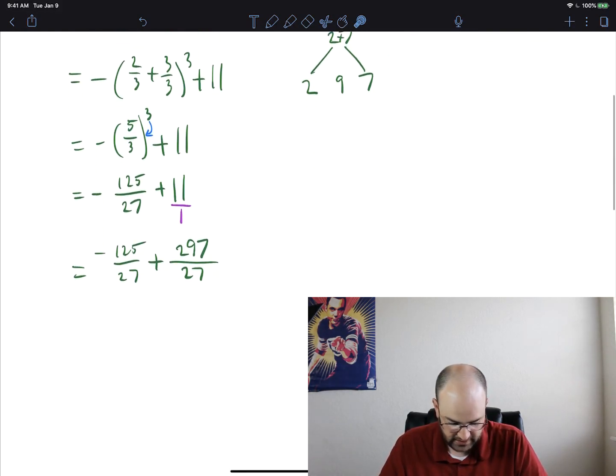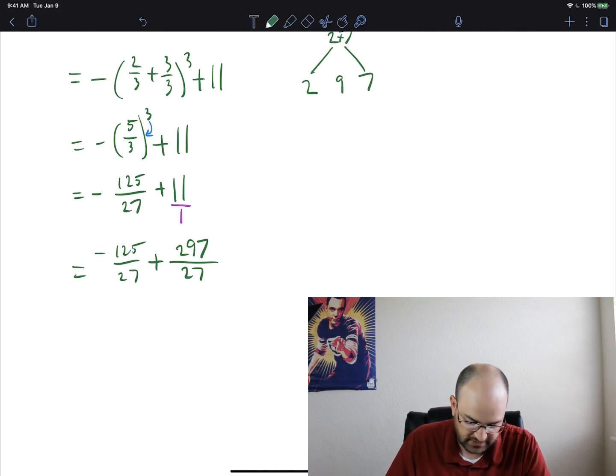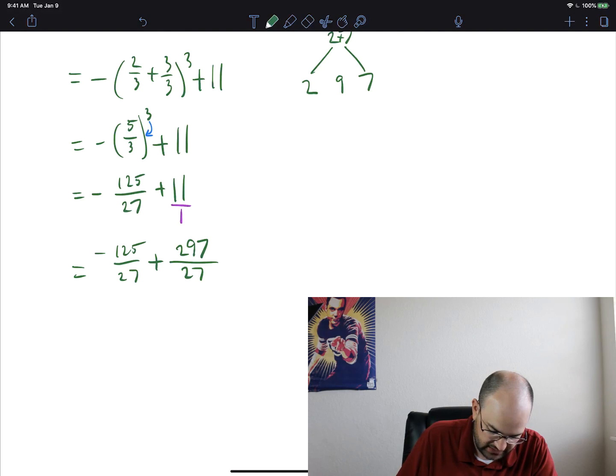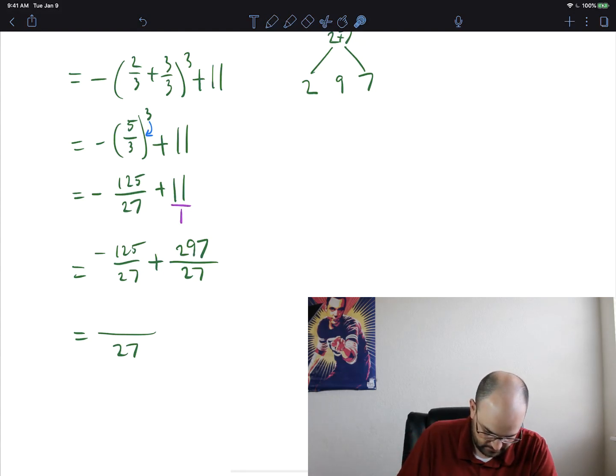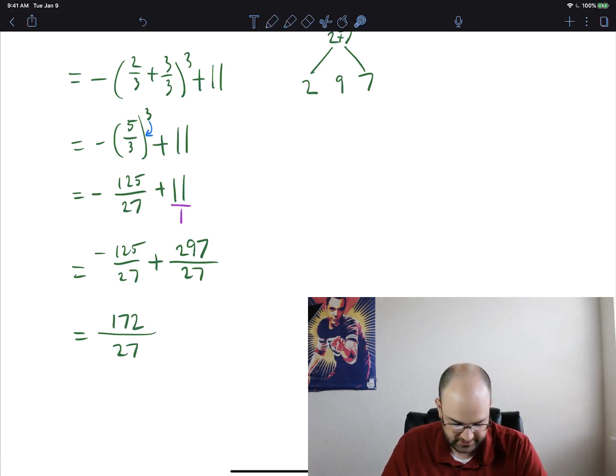And at this point, we have negative 125 over 27 plus 297 over 27, which of course means we need to just combine into a single denominator of 27. Negative 125 plus 297 is positive 172. It's 297 minus 125, and the largest is the positive, so this is going to be positive.